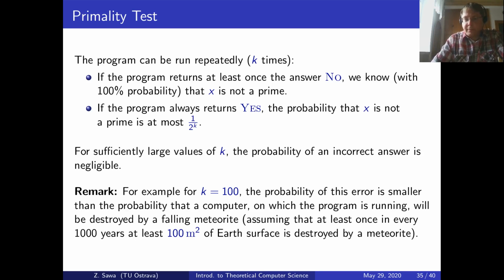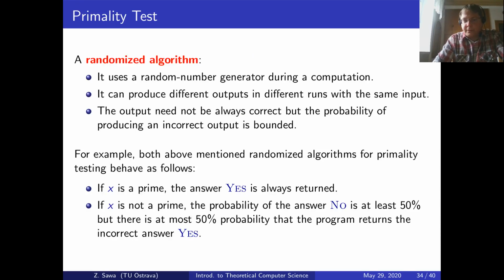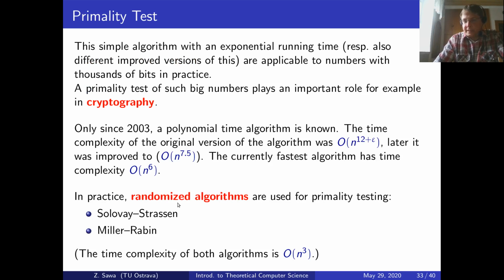So it's useful in practice. In fact, what is used in cryptography for testing primality are these randomized algorithms, because they are more efficient than the polynomial time algorithms, with a higher degree of polynomial, which ensure that the answer will always be correct but are less efficient. So in practice we use those algorithms which are more efficient, with a small probability of error.